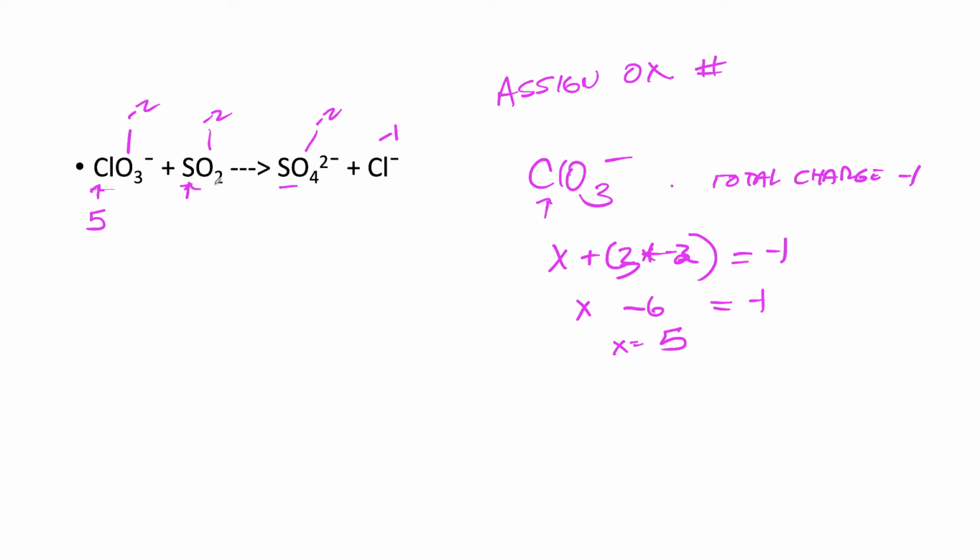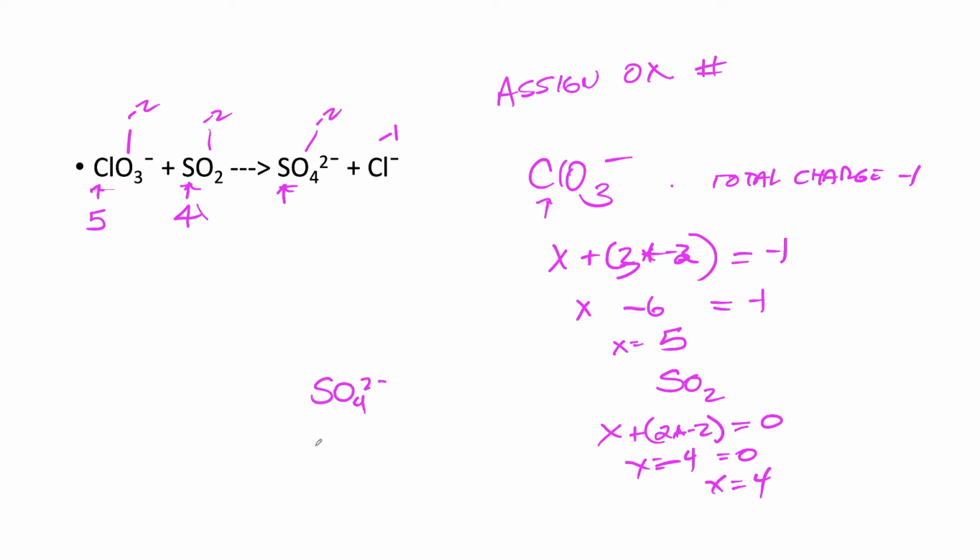And that leaves this sulfur and this sulfur. For SO2, it's neutral, so this is going to equal 0. We don't know sulfur, but 2 times -2 for our oxygen is going to be -4. X minus 4 is equal to 0, or X is equal to 4. So this oxidation number is 4. So what's this guy? Move over here, SO4 has a total charge of -2.